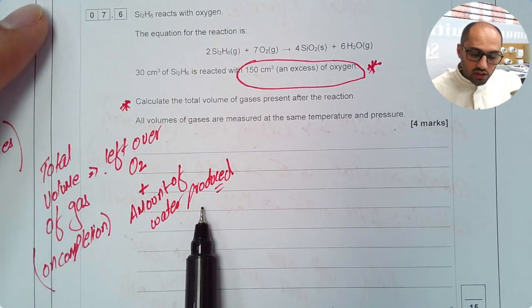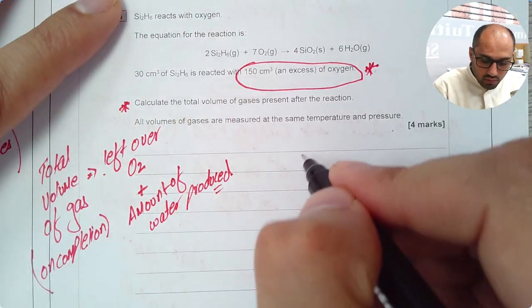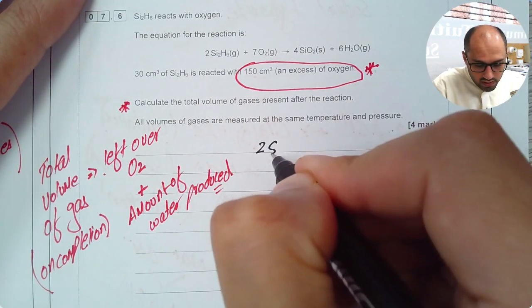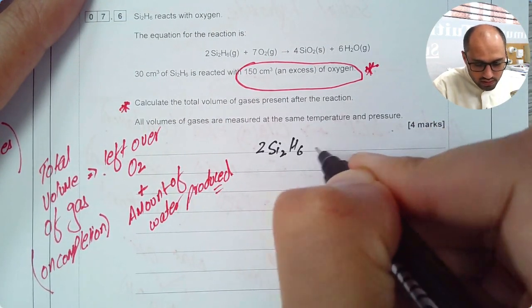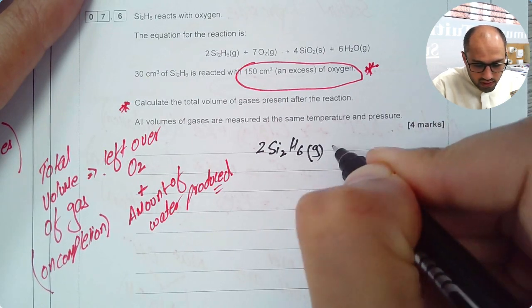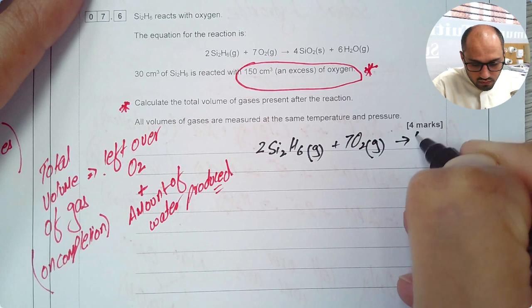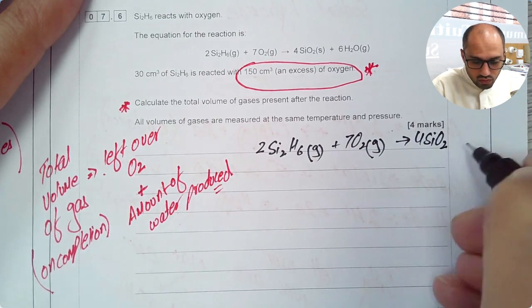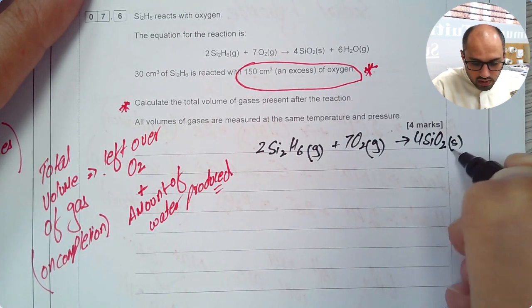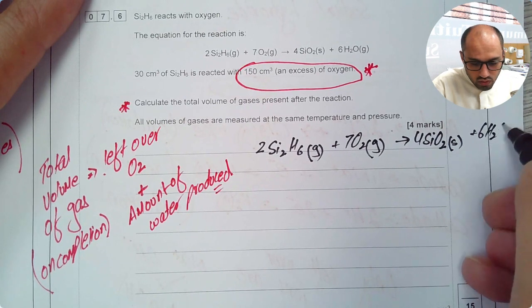So for this question, again, I'll have to copy the equation. The equation says 2Si2H6 gas will react with 7O2 gas. This produces 4SiO2 solid plus 6H2O gas.